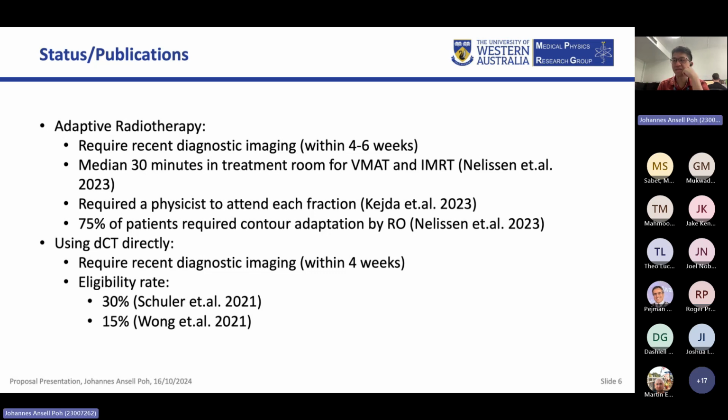So yeah, those are some of the reasons. So the length of the time between the diagnostic and treatment is one.